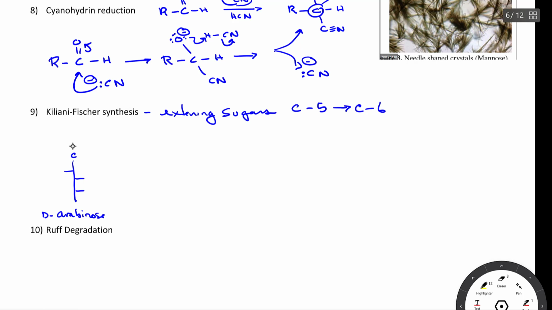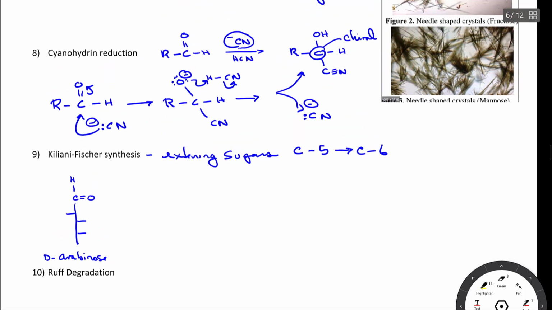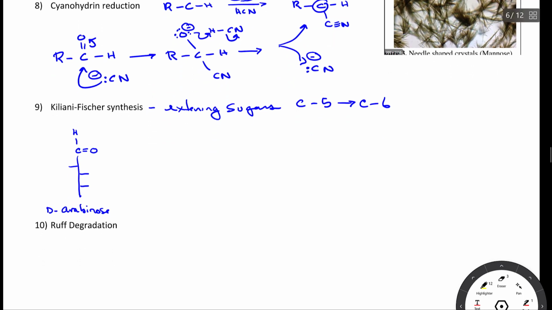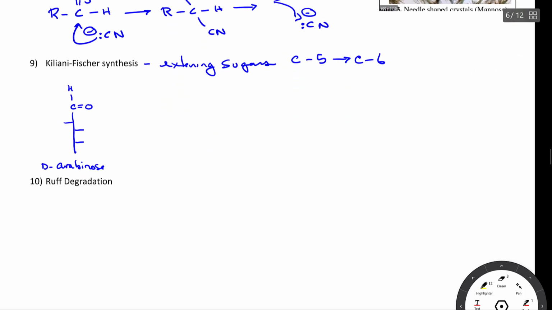And the first step is actually the cyanohydrin reaction. This, by the way, is the cyanohydrin reaction, and the reduction part I'm going to show you in this Kiliani-Fischer synthesis. So to D-arabinose, we add CN minus.